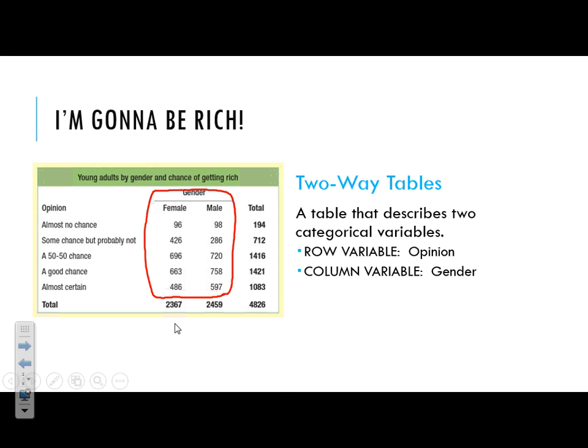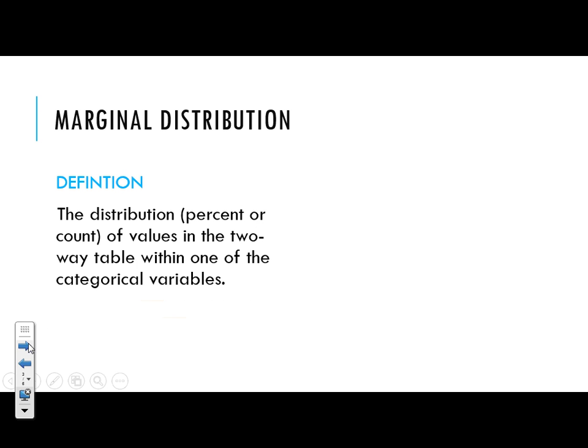All right, so let's break this down a little bit further. We can take a two-way table and break it down to what's known as a marginal distribution. A marginal distribution is just simply looking at the distribution of values within one of the categorical variables. In any two-way table, we can make two different marginal distributions.